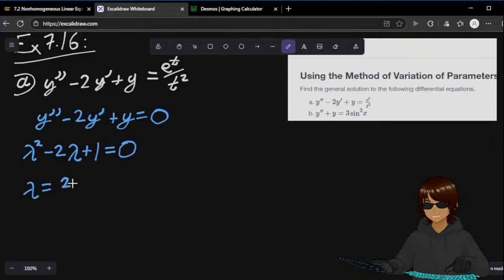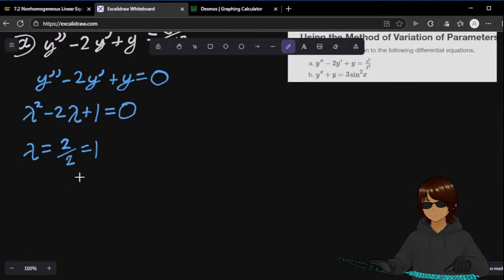Minus p plus minus p squared minus 4ac, which is just 0. We are left with minus p.